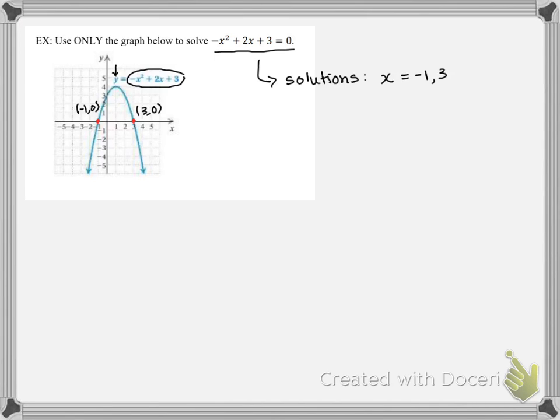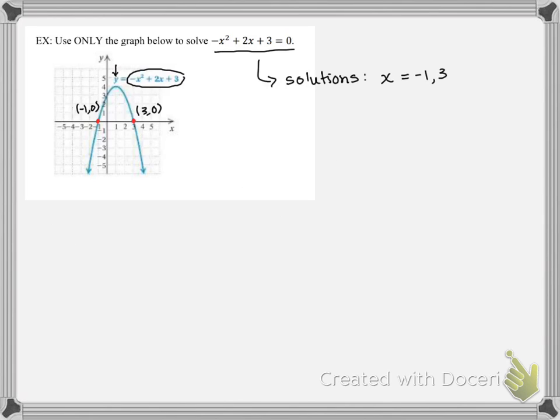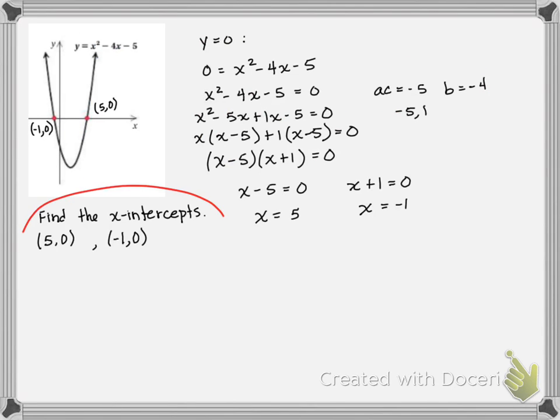So in one of these problems, we're using the graph to solve an equation, whereas in the other one, we are solving an equation to find information about the graph. So I just wanted to point out that difference and the difference in what your answers look like, so that you don't get frustrated about how you should enter the answers to them.